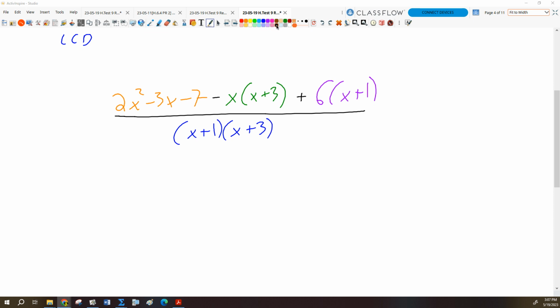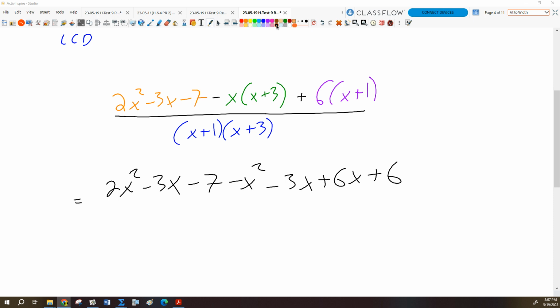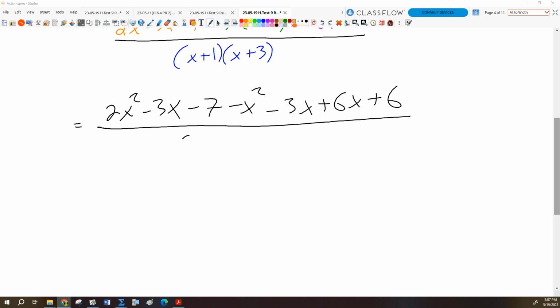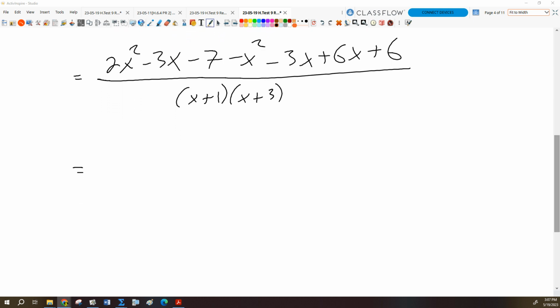So what's that going to give us on the top? So we're going to get 2x squared minus 3x minus 7 minus x squared minus 3x plus 6x plus 6, right? All divided by x plus 1 times x plus 3. Combine like terms. How many x squareds are we going to get? 1, okay. How many x's? 0.